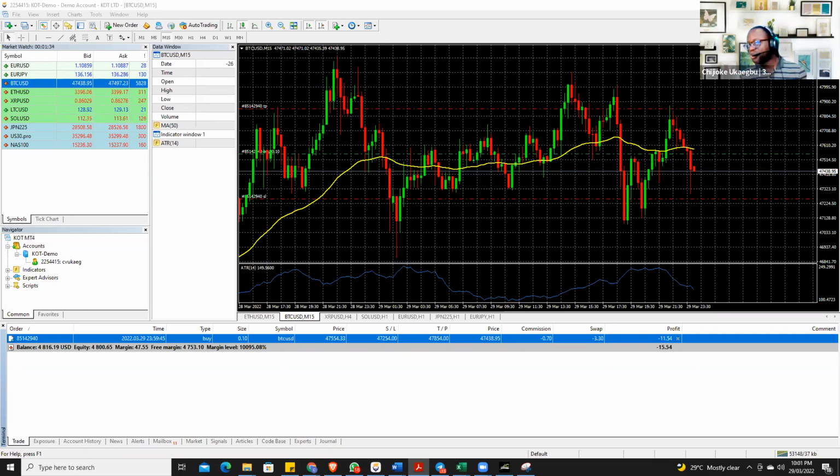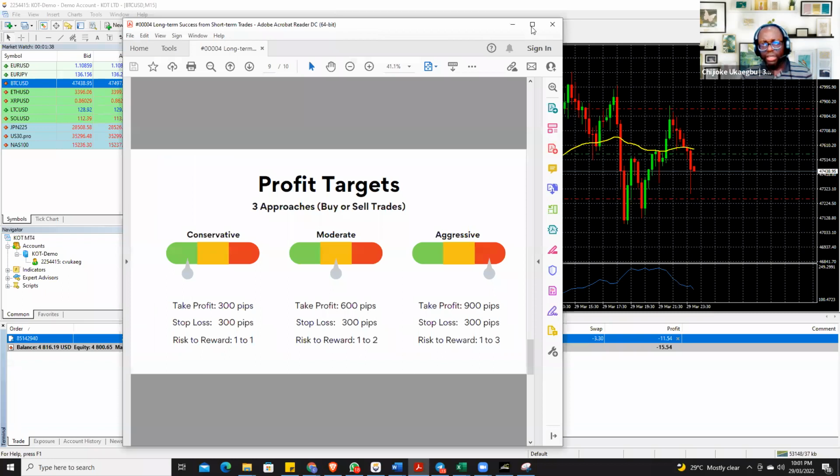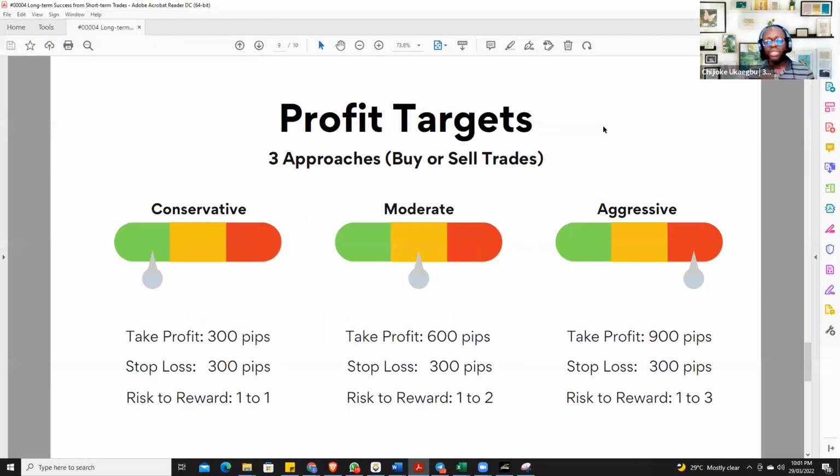One of the things I'm going to close with right now is there are actually 3 different styles that you can use with the Swipecoin scalper in terms of the targets that you are setting. Now, the example that I did is the conservative example, where you're setting your take profit 300 pips away and your stop loss 300 pips away.